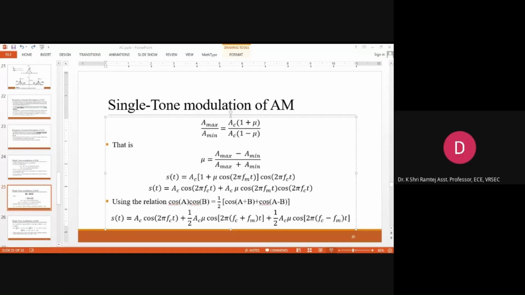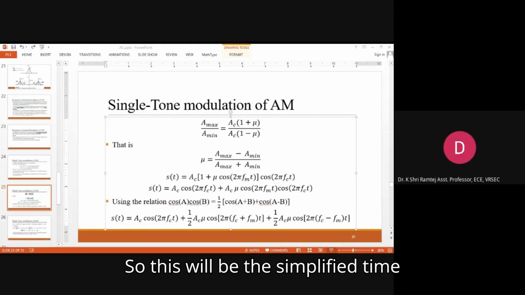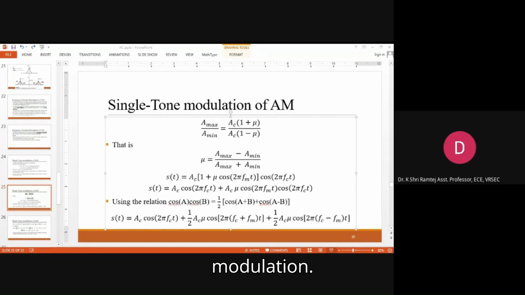We take fc minus fm because fc is always greater than fm. So this will be the simplified time domain equation of single tone modulation.